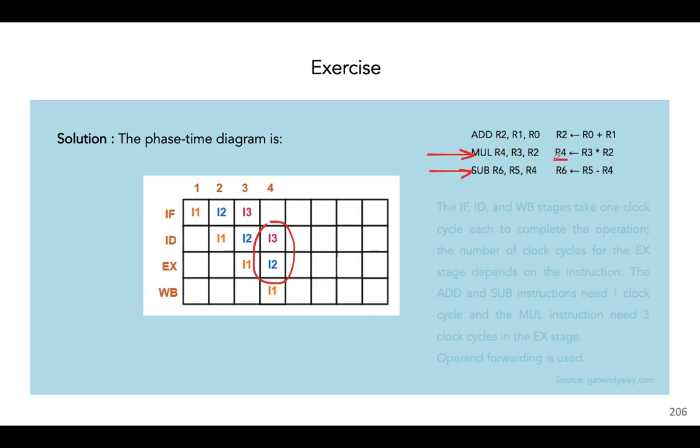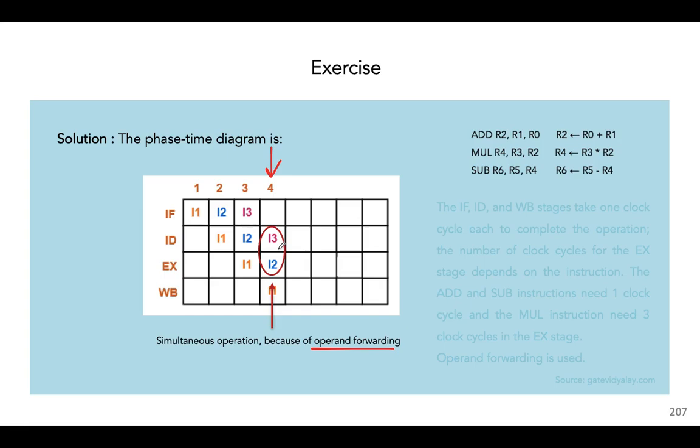I2 is writing some result in R4, and that result is used by instruction 3. Again, this would not have been possible if operand forwarding had not been used. The only reason I2 and I3 are able to be in the same pipeline, in the same clock pulse, is just because of operand forwarding. Otherwise, I3 would have to wait.